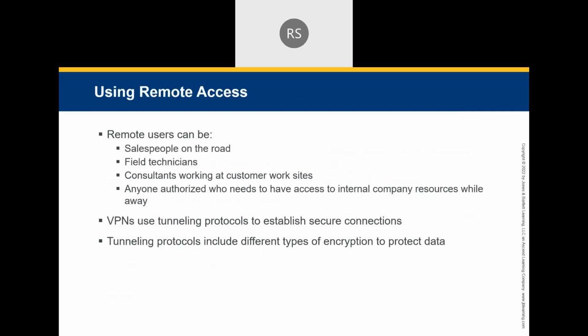These are used to establish encrypted tunnels between the user's device and the company's network. And those tunnel protocols employ different types of encryption. It may be the Advanced Encryption Standard, AES, which may be one of them used to protect the data that is transmitted over the VPN.